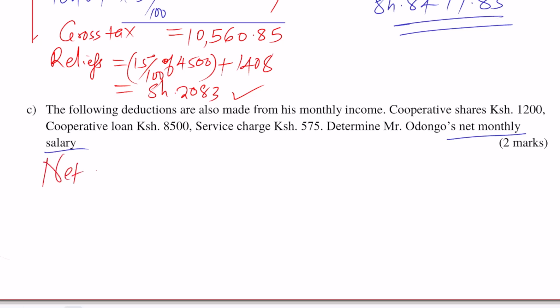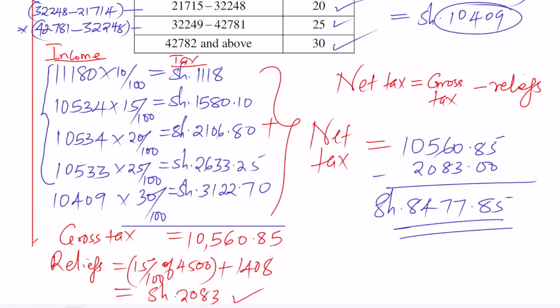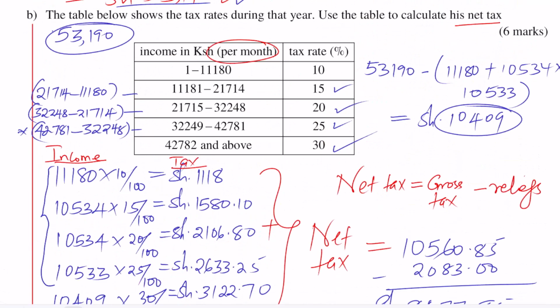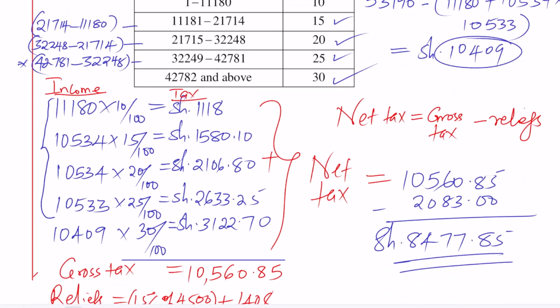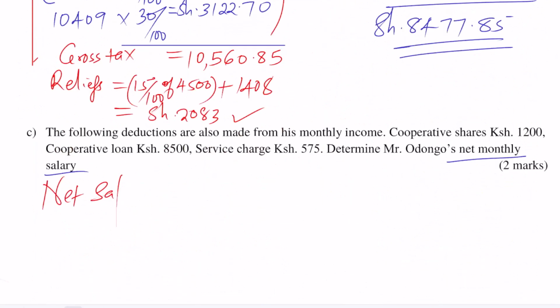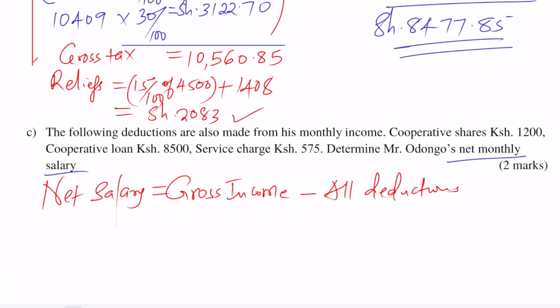Net salary is given by taking the gross income, then we less all the deductions.